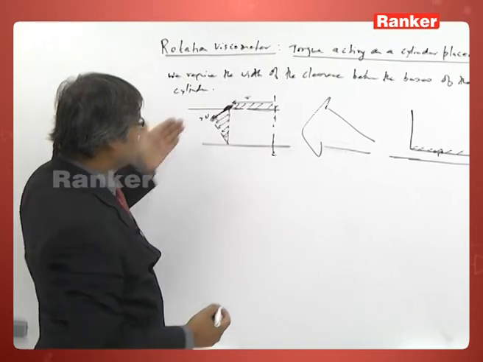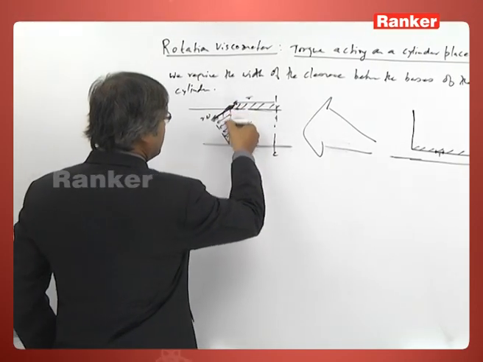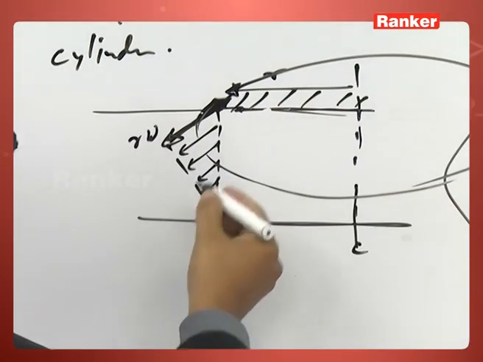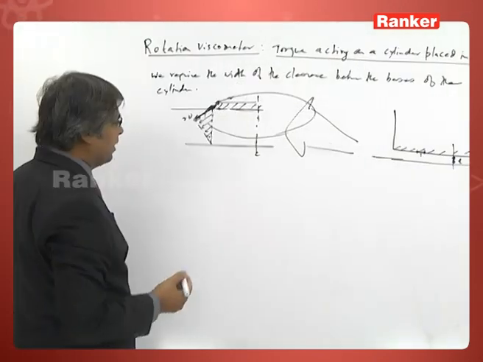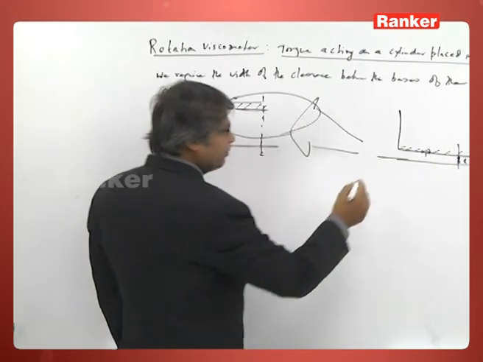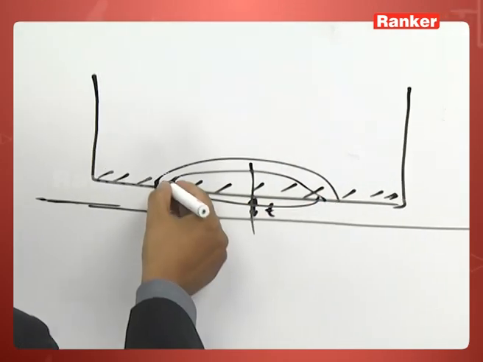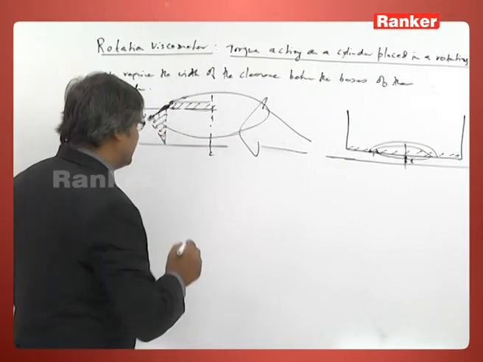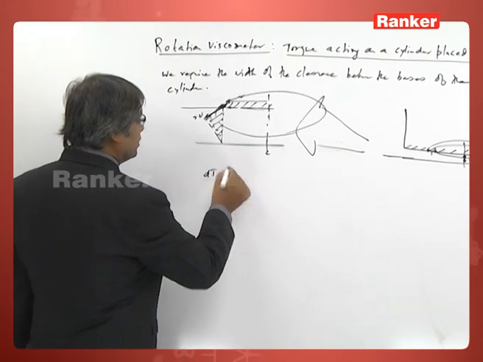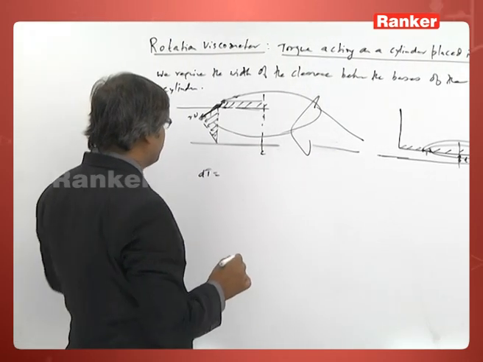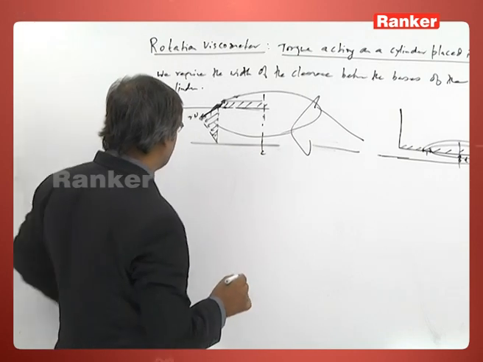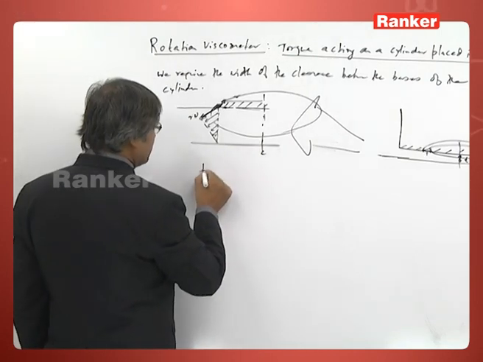This is the circular part and this is the velocity profile. We have to calculate the torque within this region. So, let us calculate d torque, and to calculate d torque we first have to calculate the tangential stress.